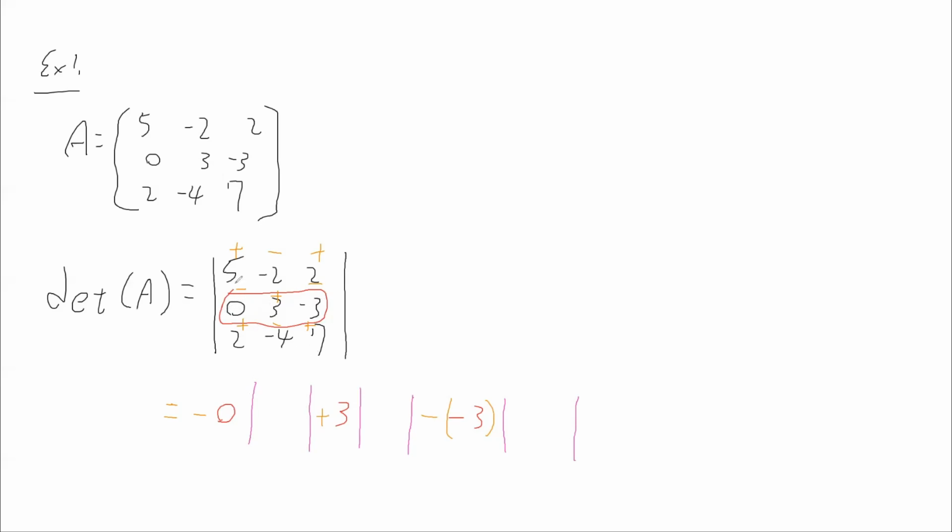It's in the second row and first column, so I'm going to circle the first column as well. Second row, first column. Notice that these two circles, the red and purple circles, cover a lot of the entries. There are 4 entries that we didn't cover, which are -2, 2, -4, and 7. Those 4 entries not covered by any of the circles go into this cofactor, which is -2, 2, -4, and 7.